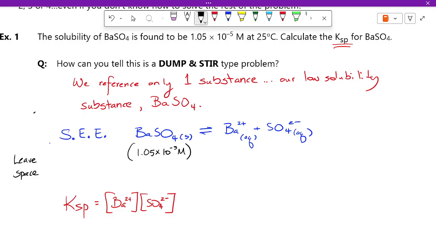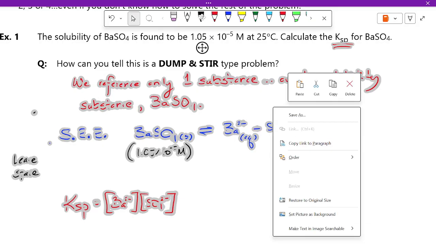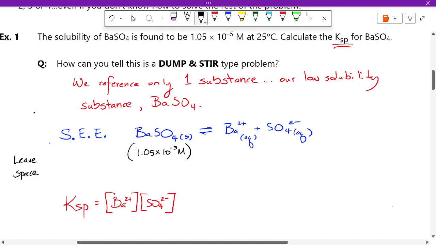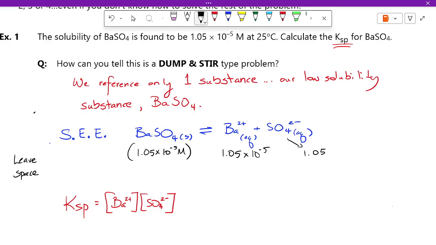And I'm putting it in brackets because it is a solid. So what is the concentration of barium 2 plus? 1.05 times 10 to the negative 5. And what is the concentration of SO4 2 minus? 1.05 times 10 to the negative 5 molar. So this is one way to show ion concentrations.